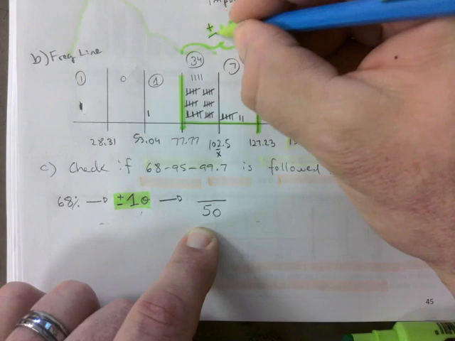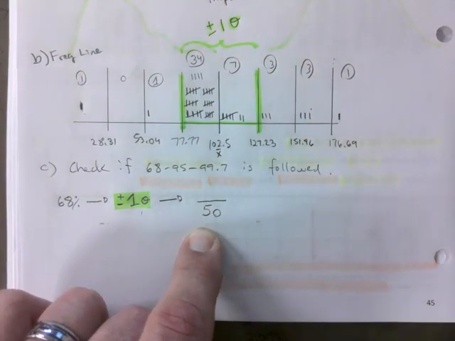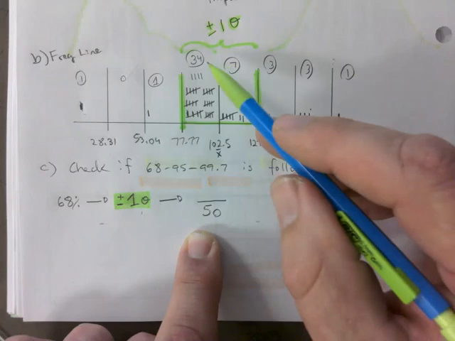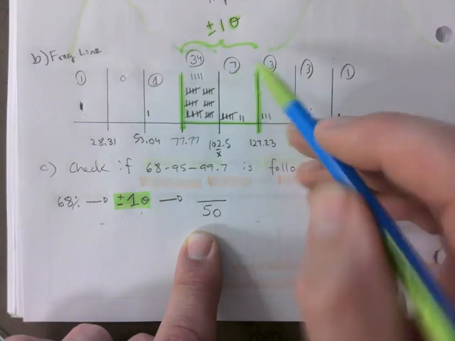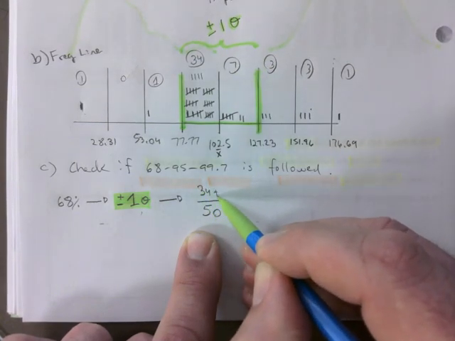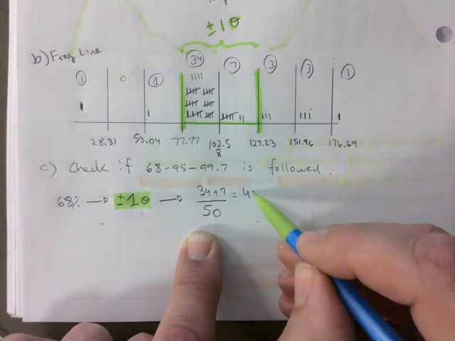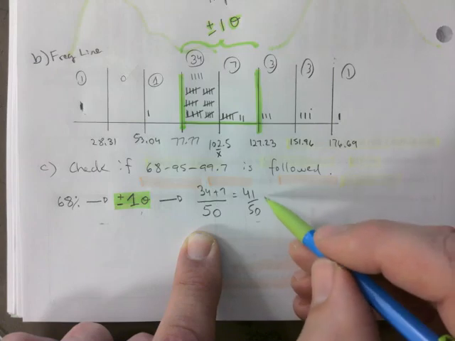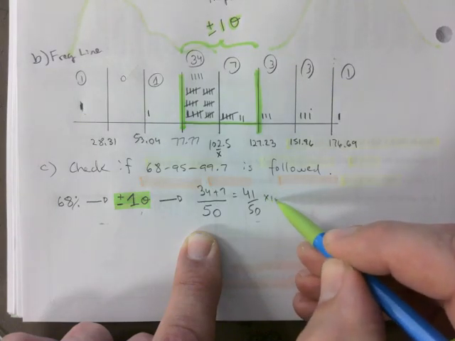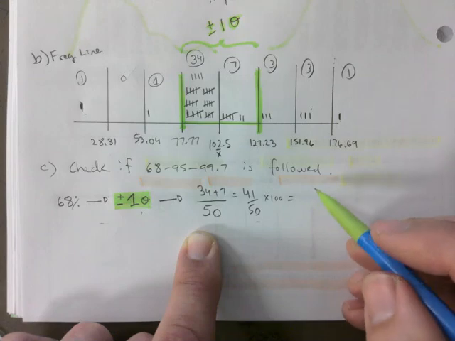Let's do this again. So we're going to check. So we have to add 34 and 7, correct? So 34 plus 7, that is 41 over 50. And we're going to multiply that by 100. And what do we get?